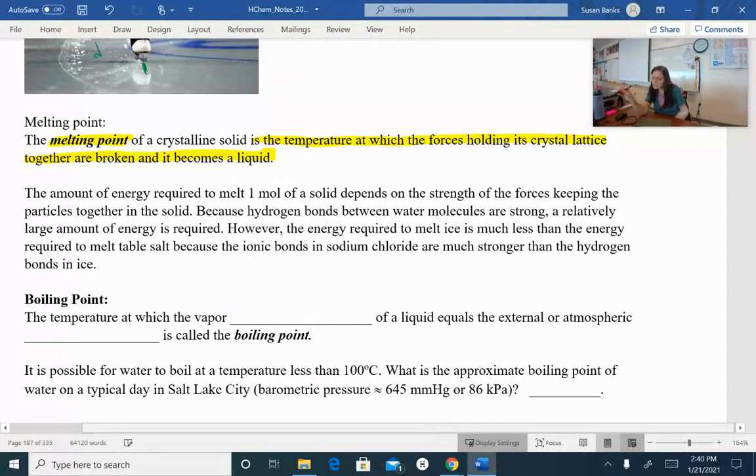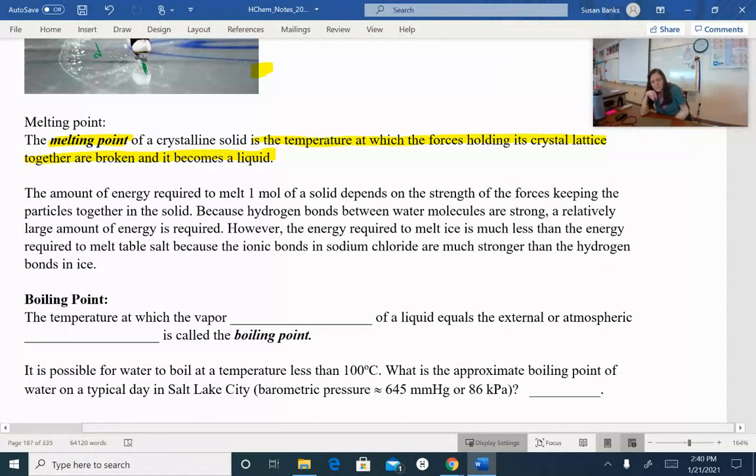Notice I didn't say it's a specific temperature because we can get things to melt at all kinds of different temperatures if we change the pressure, just like we did with this water and ice here with pressure of the blade of the ice skate.